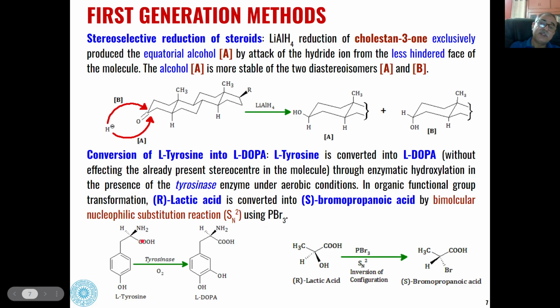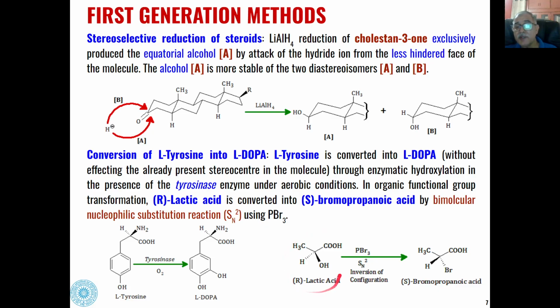When this is reacted in presence of this enzyme tyrosinase under aerobic conditions, in presence of oxygen, then hydroxylation takes place at this carbon, and we will get L-dopa, where the optical activity of the substrate is retained in the product, and we can say that a chiral substrate leads to the formation of a chiral product in a stereoselective manner.